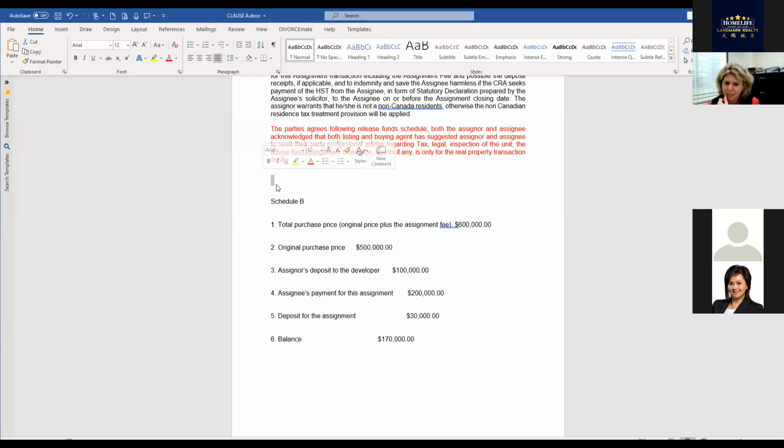First, if it's the assignee, you're fully aware he's not entitled to the HST rebate. So there is another amount of money to consider. Then you have to go through the original agreement of purchase and sale, and you will see the original purchase price and approximately the cap on the statement of adjustment. I saw that the developers always maintain the cap in the statement of adjustment.